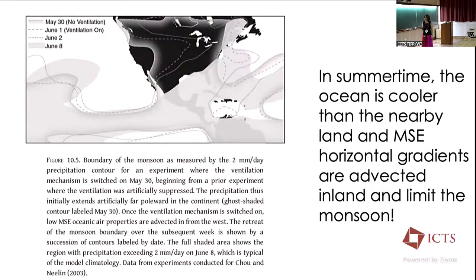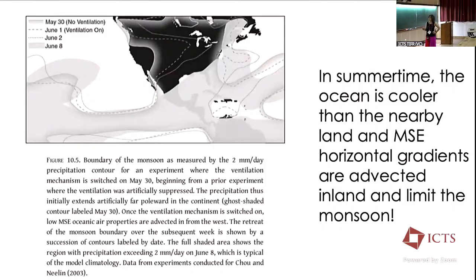And so here is a figure from a book edited by Schneider and Sobel. This is the chapter that David Neelin wrote. What they did for this experiment is they started out with an experiment where there was no ventilation.